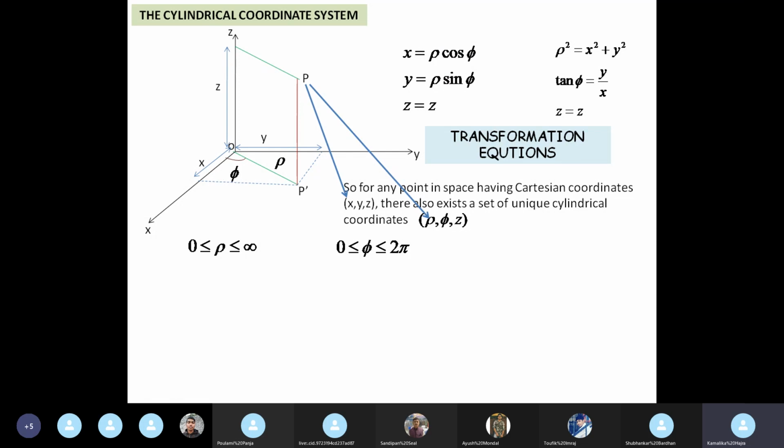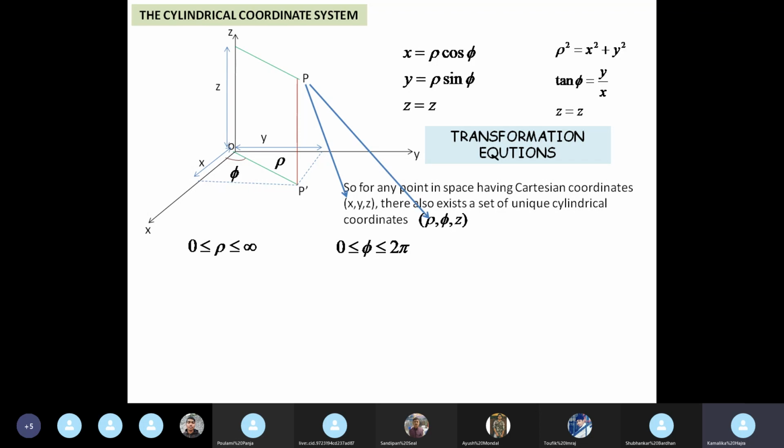Okay? And can someone tell me what are the limits of z? 0 to infinity, yes, but also minus infinity to infinity. Okay, why will we not consider the third and fourth quadrant?